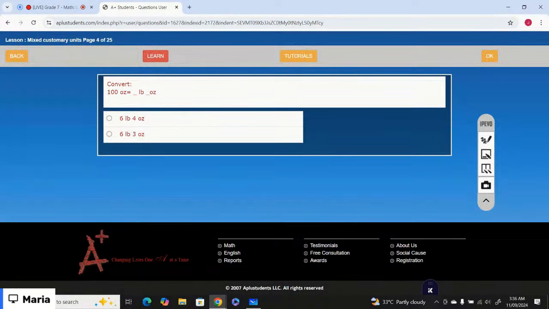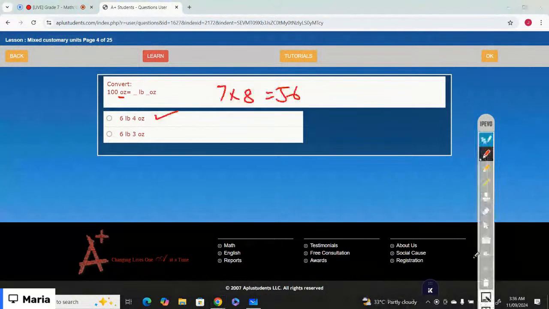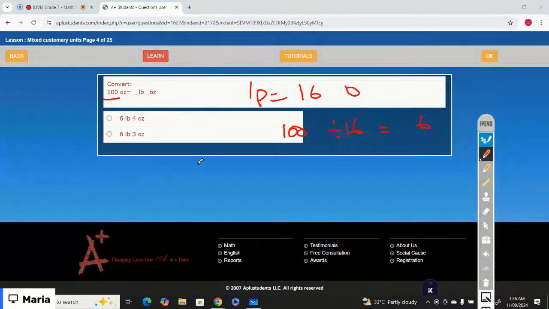100 ounces equals how many pounds and how many ounces? 1 pound equals 16 ounces. You need to divide that 100 by 16. So 16 times 6 is 96 and you have the remainder 4. So that 6 is the 6 pounds and you have 4 ounces.